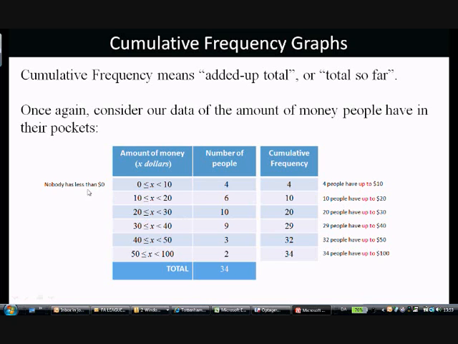Oh yes, and of course nobody has less than $0. So we're going to make a graph of that.